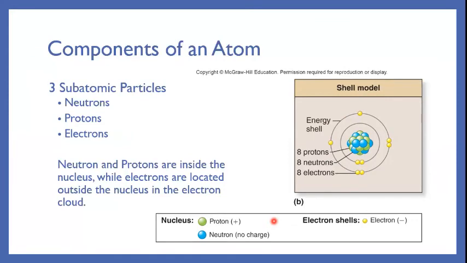Another important factor when it comes to bonding is, does an atom have a positive or a neutral charge? Inside of the nucleus, all of our protons are going to have a positive charge. This example has 8 protons in it, so it would have a +8 charge. The neutrons have no charge.